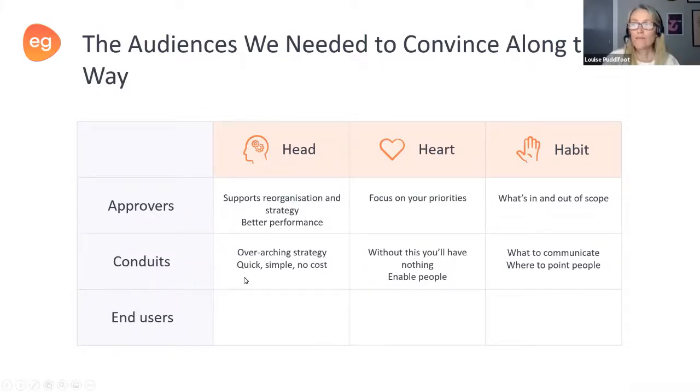So for them, the head piece is really around understanding how it supports the overall strategy. The benefits are that this is a quick and simple tool. There was no direct cost to them. It was covered by the central team. The emotional piece was a bit tougher because we were basically asking them to say no to more than they would have had to say no to in the past, and a negative message is typically not something that people want to be delivering.